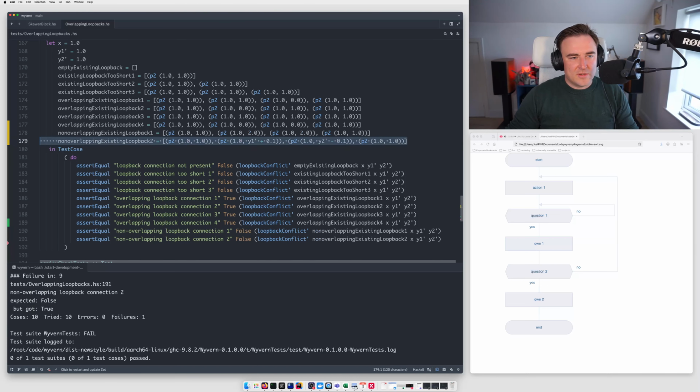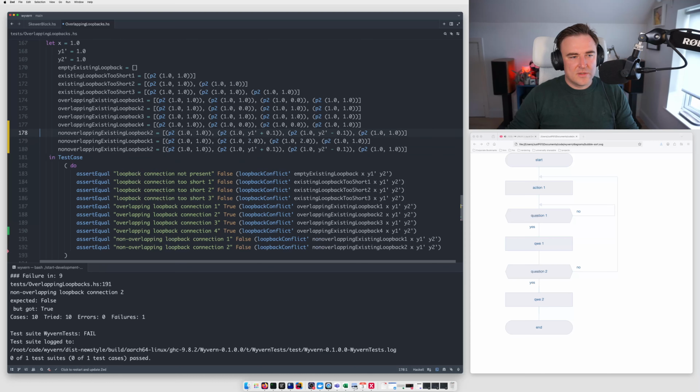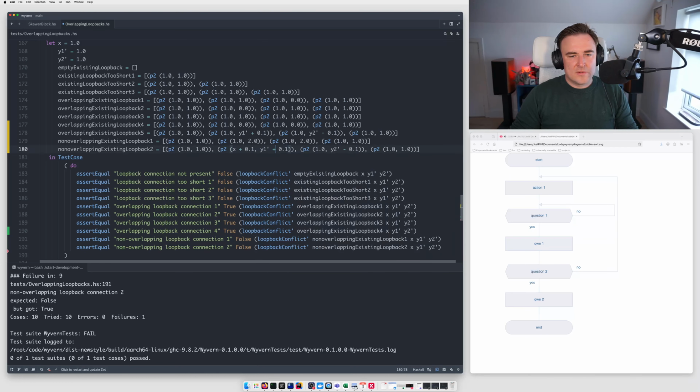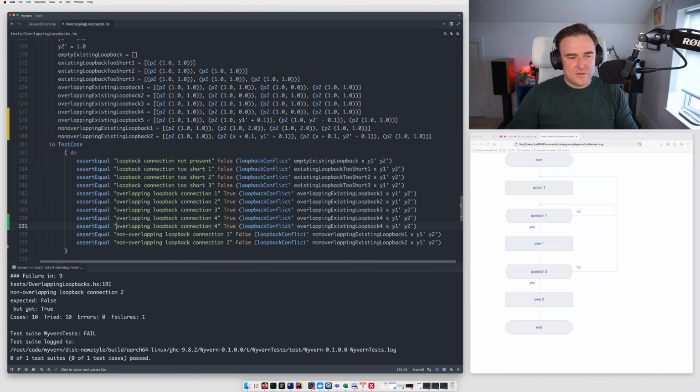But that's fine, we can leverage that as overlapping existing loopback 5. And this, we can simply change to x plus 0, 1. So this will not overlap. And we're just going to add another test here.